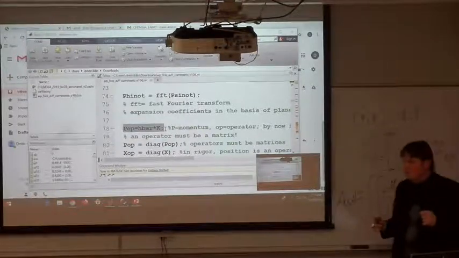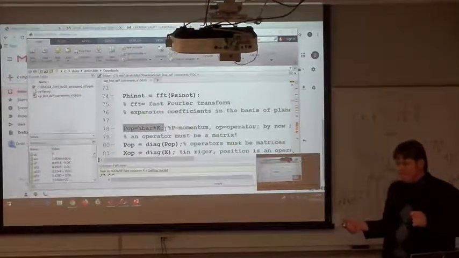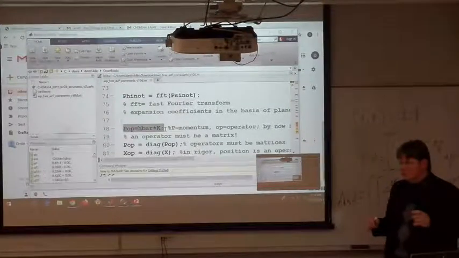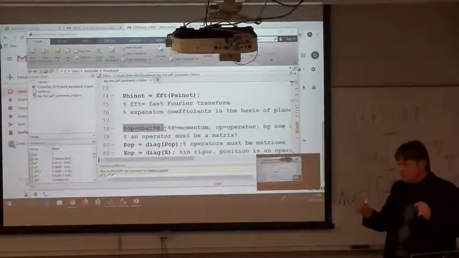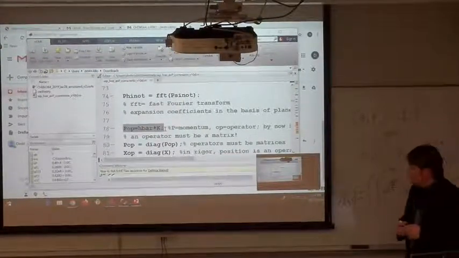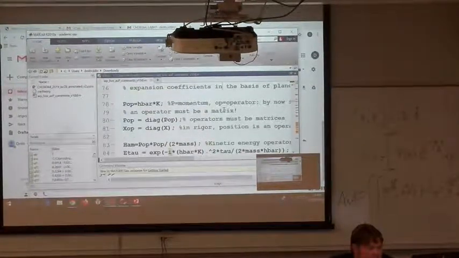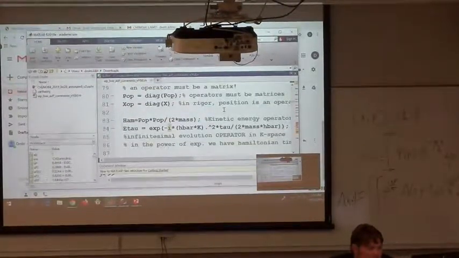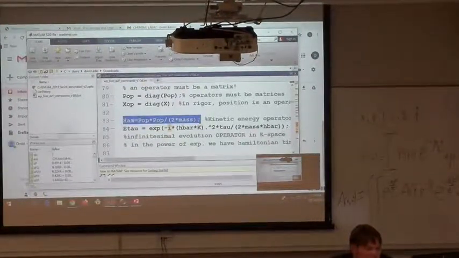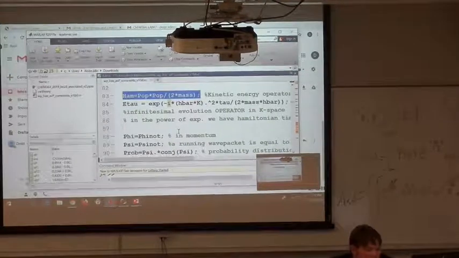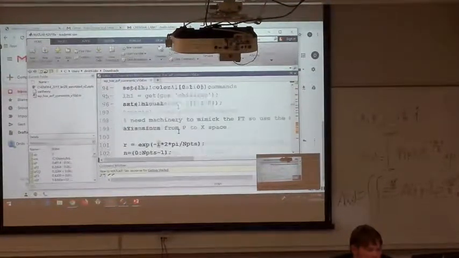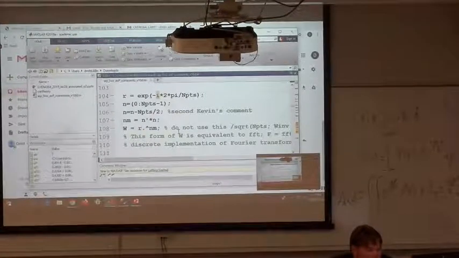Same as the position operator in position representation. So it's like a diagonal matrix with all values of the independent variable. And then if we express the Hamiltonian in momentum space, for free space it will be just momentum squared. And I want to get to, yes.